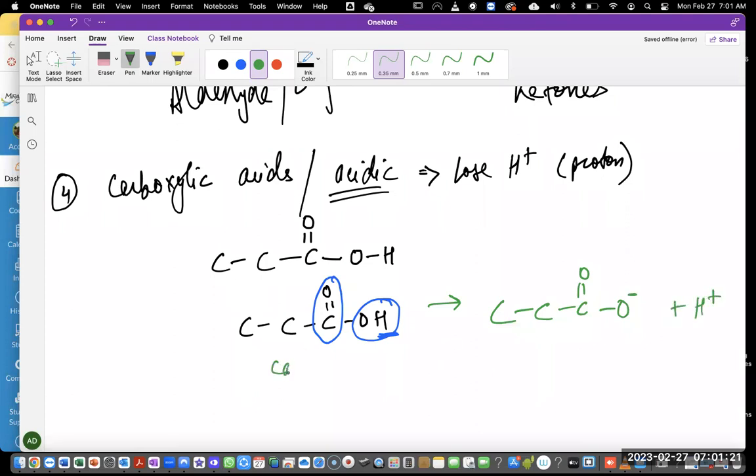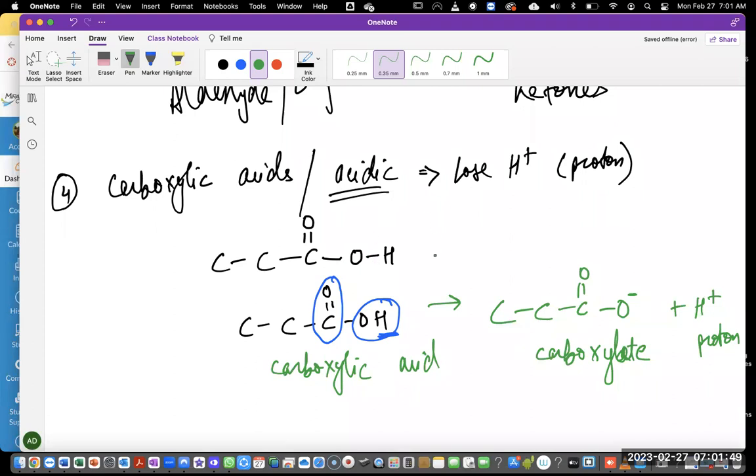So this is a carboxylic acid, which donates the H plus to somebody else in the solution or in the reaction. The molecule that you make, you call a carboxylate, and this here is the proton. So what we need to understand is that a carboxylic acid has this C double bond OOH.